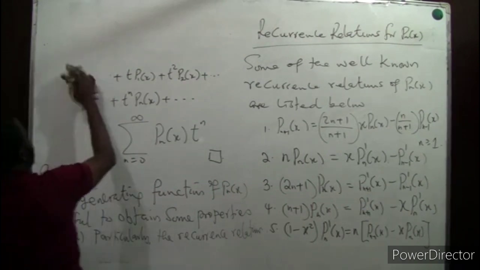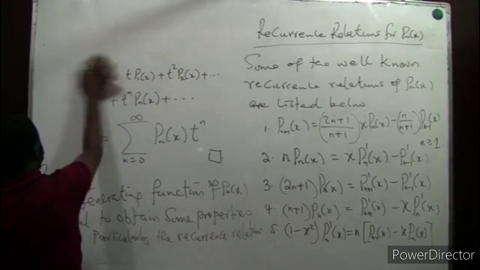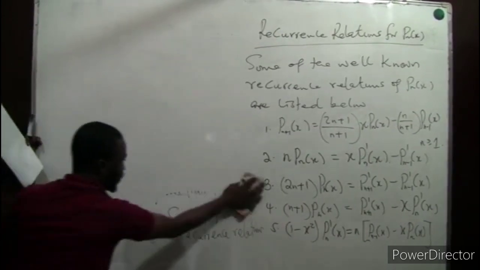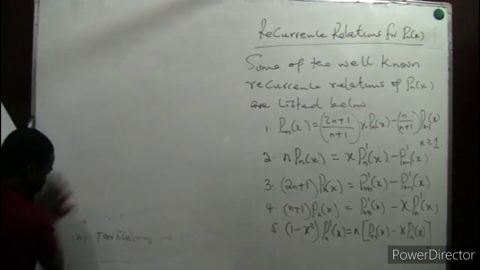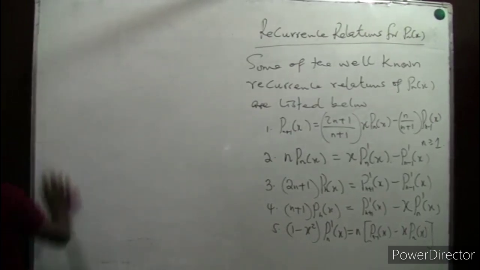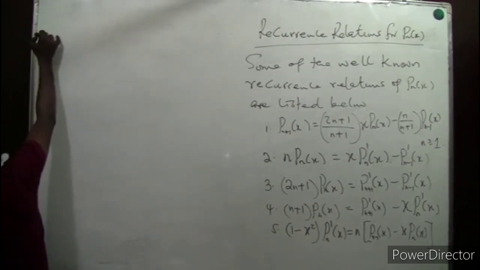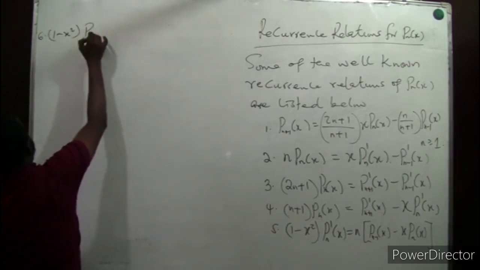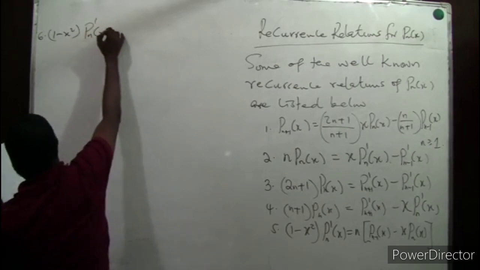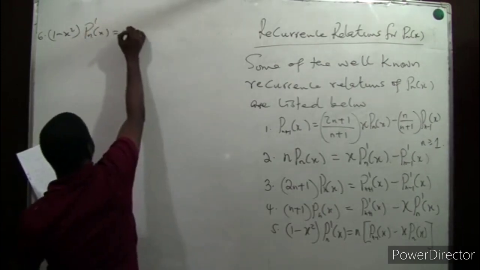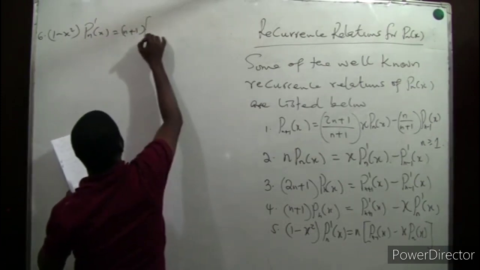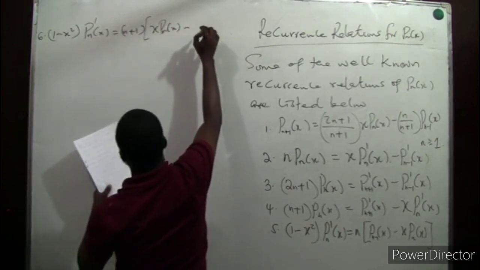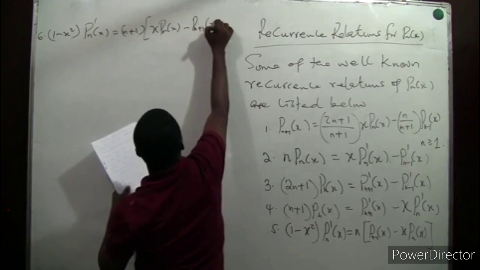Let's take 6 and 7. Number 6, we have (1 minus x squared) Pn prime of x, just like in number 5, equals (n plus 1) into x Pn of x minus Pn plus 1 of x.